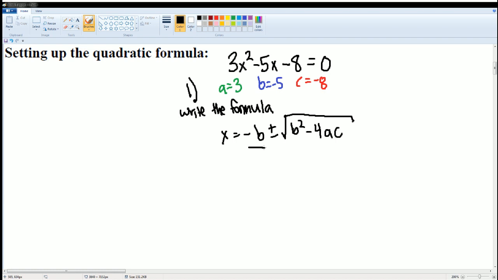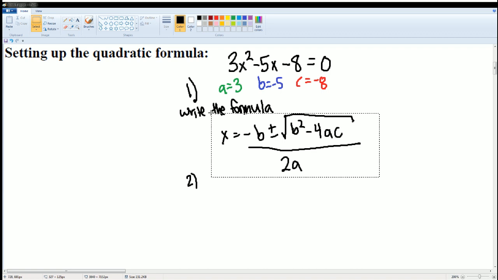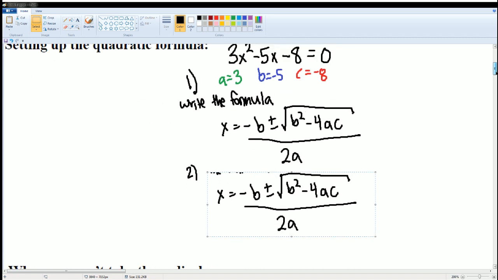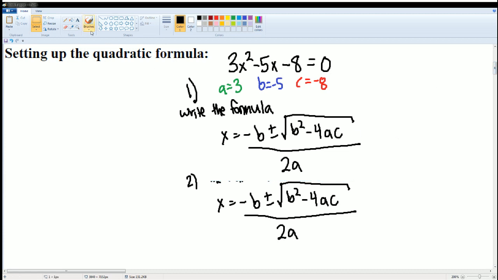Then you're going to divide all of this by 2a. Good. Step 2, you want to make the substitution. So here, I'm going to select this, bring it down here. Now I'm going to start substituting it.